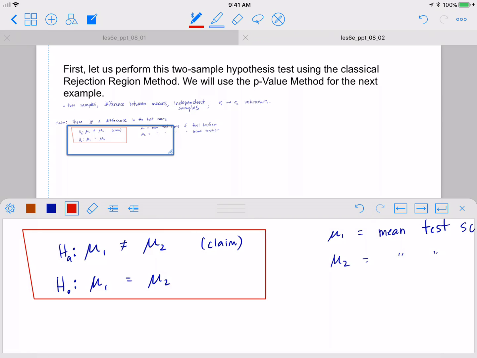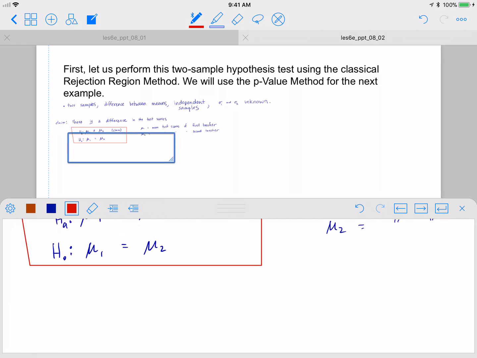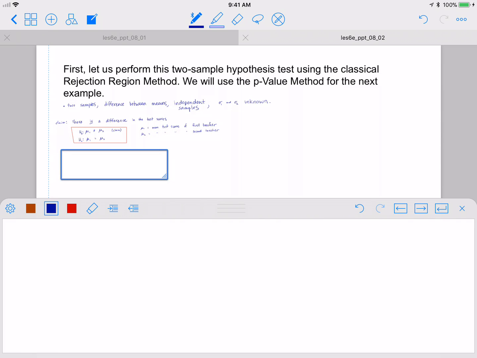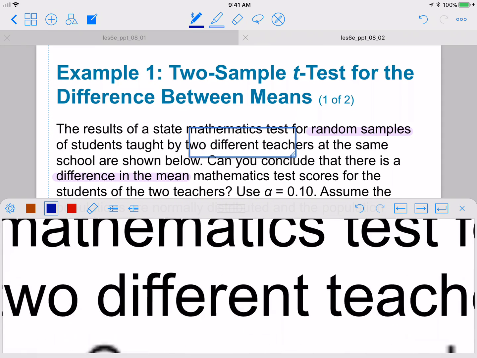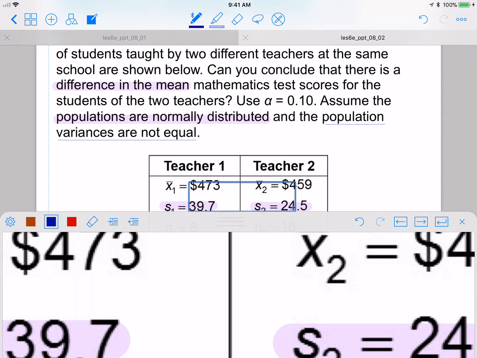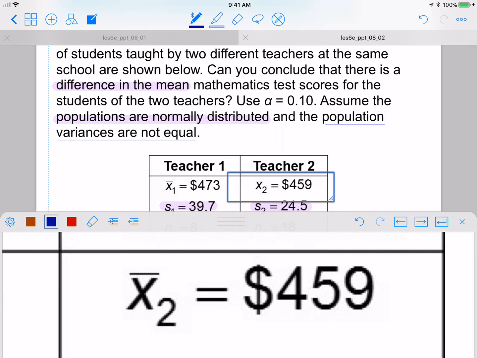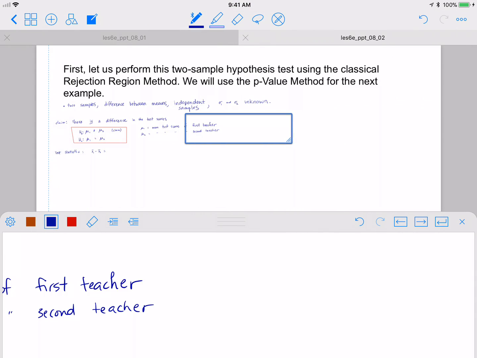And now the next thing we need to do is we need to figure out our test statistic. Because we're doing a hypothesis test for the difference of means, our test statistic is going to be x1 bar minus x2 bar, which in this case is 473 minus 459.